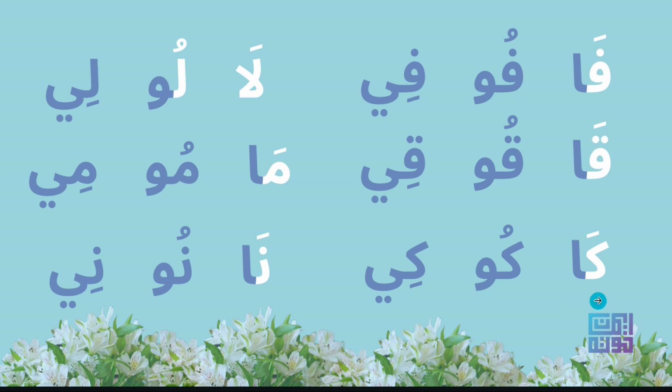And this one, Kaf. This is the name of the letter. This one is elevated, Qaf. And this one is Kaf. Can you recognize the difference? Qa, Ka. Qa, Qu, Qi.